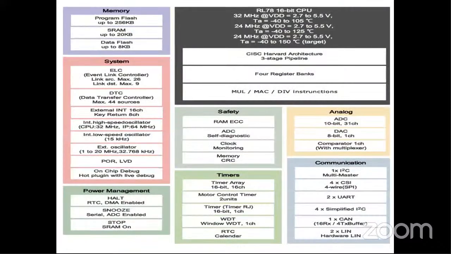Moving to the next part, this is the block diagram of your RL78 controller. As I have told you, microcontrollers are classified into different architectures. It supports the CISC instruction set, complex instructions, and it has Harvard architecture. It supports 3-stage pipelining. Pipelining is nothing but fetching the next instruction while executing the current instruction.